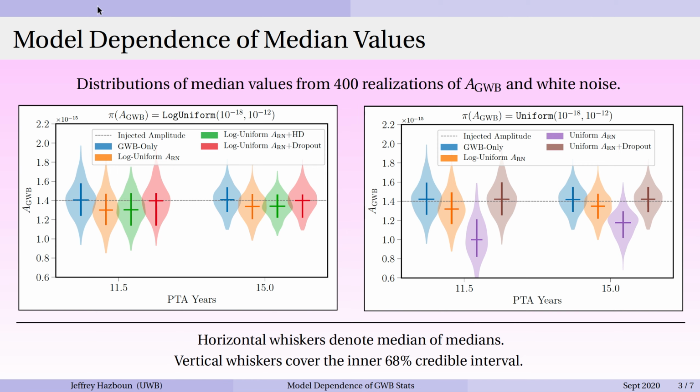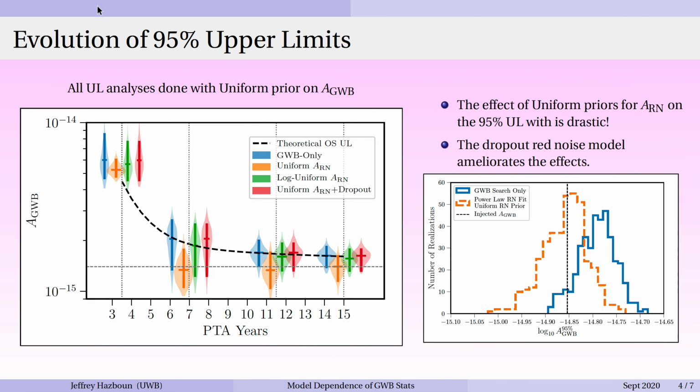So what's happening here is that we have this red noise sinkhole, and so we get power going into the red noise models for the single pulsars rather than going into the full common signal. And so we can fix that by having this dropout analysis.